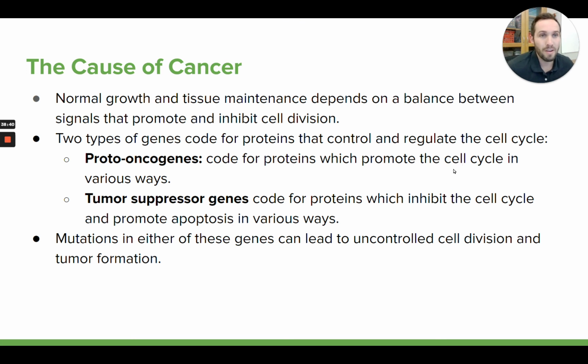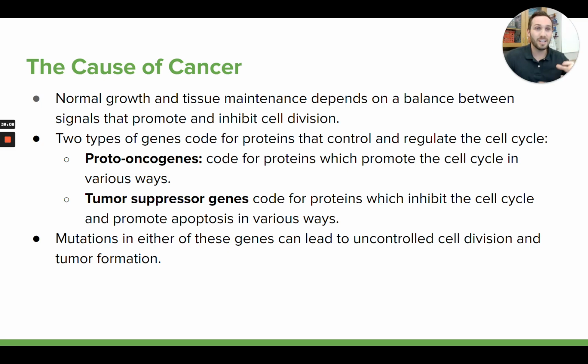So if you have a protein whose job in some way is promoting and encouraging cells to get past these checkpoints and to divide, we would call that a proto-oncogene. That's a product of a proto-oncogene. That's a protein that's helping cells progress through the cell cycle, which is good. You need cells to divide, and you need proteins to do certain jobs to encourage cells to divide.